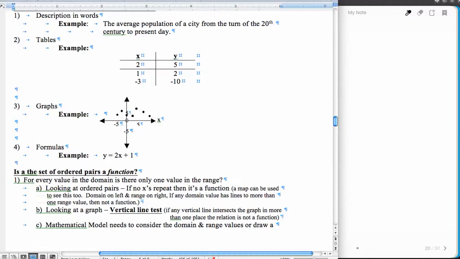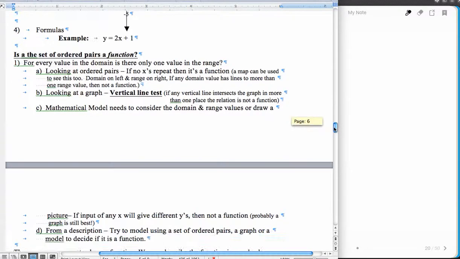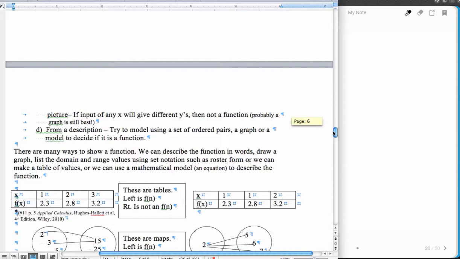And with mathematical models, a lot of times we end up relying on the graph in order to see that it is indeed a function, because once we plot the picture, we can see if it passes the vertical line test. From a description in words, trying to model that and then going for a graph is usually the way that we decide if it's a function as well.